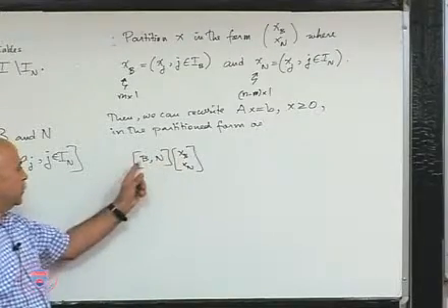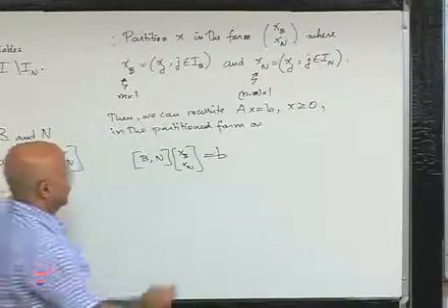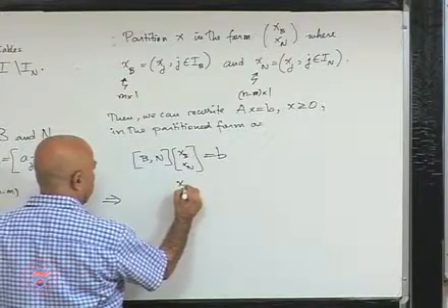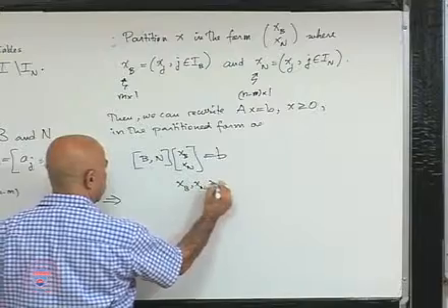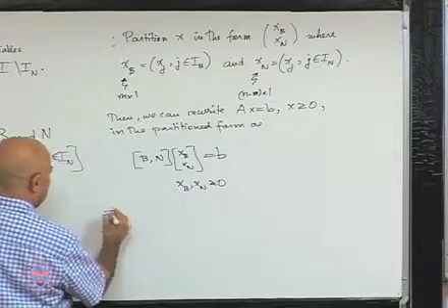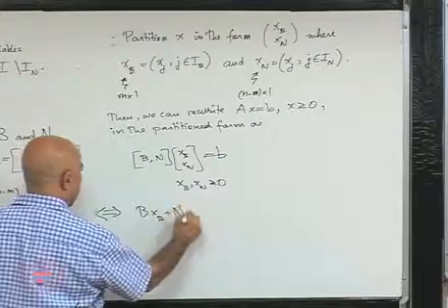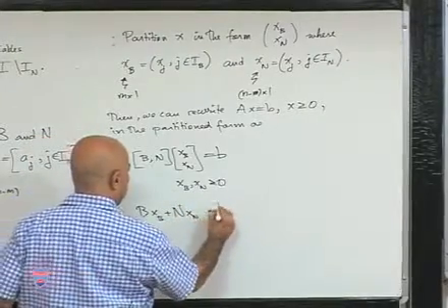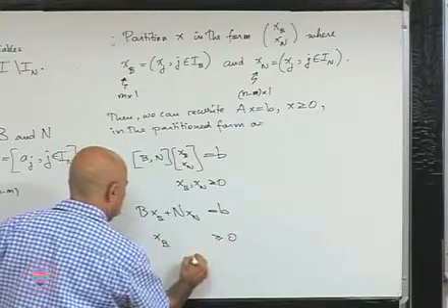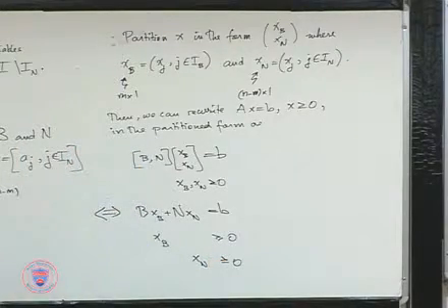Arranged in this way, A is your matrix B, N. When you multiply them out, you get B x_B plus N x_N equals b, x_B greater than or equal to 0, x_N greater than or equal to 0. That's the way we have.